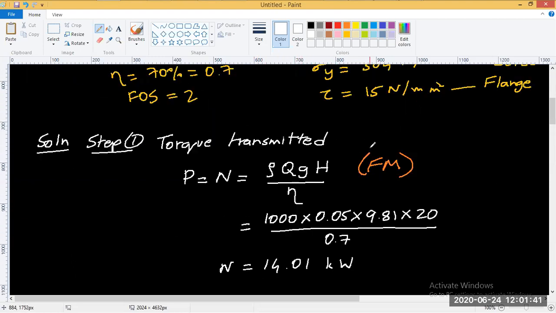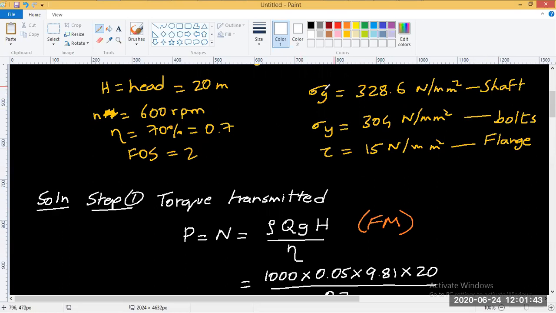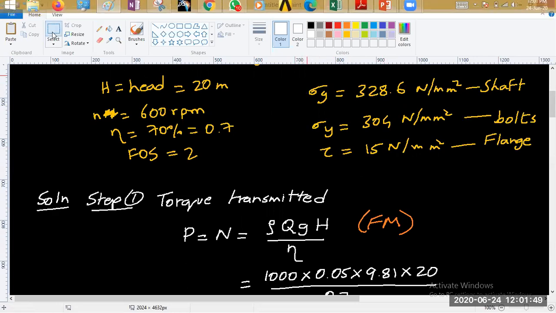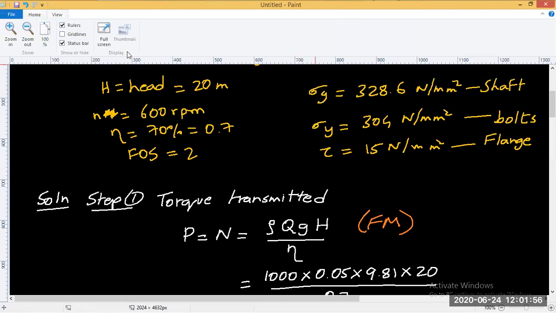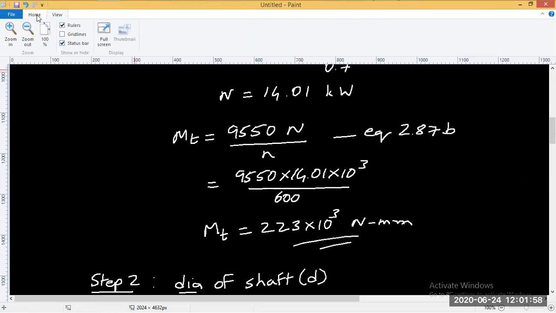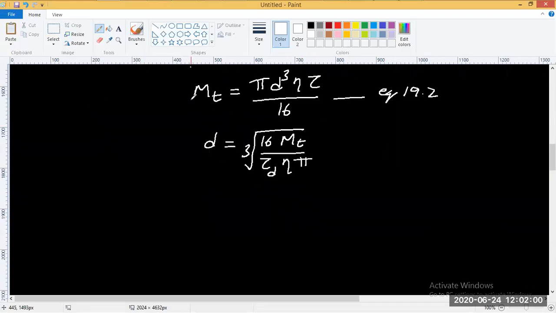So let's go back to the data. For the shaft, we have only the yield stress. From this, we need to extract the tau D value. Okay, so we have this value.